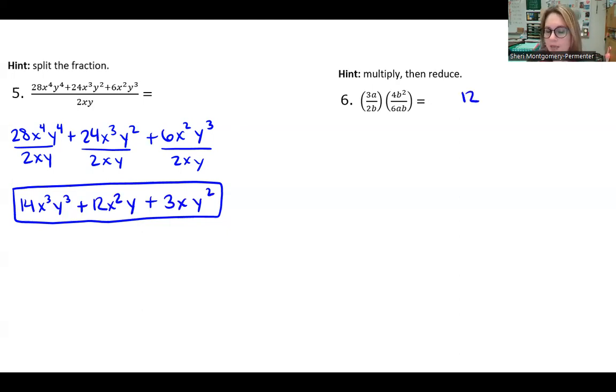And then there's an a and a b squared. Along the bottom, I have 2 times 6, so that's 12. And then there's an a and then 2 b's, which b times b is b squared. We can put them in that order.